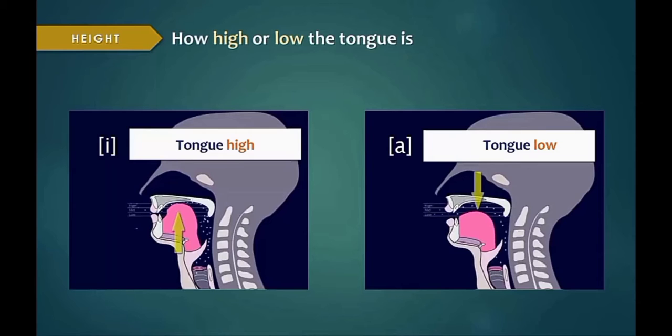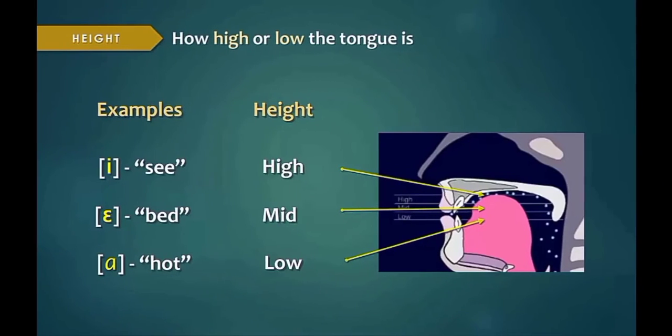Height refers to how high or low the tongue is in the mouth when producing the vowels. For example, consider the vowel sounds E and A. If you say both of these vowels in succession, you should feel your tongue going up and down as you say E, A, E, A, E, A. In terms of height, vowels are either considered high, mid, or low.